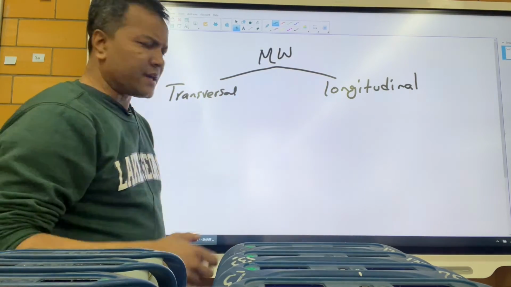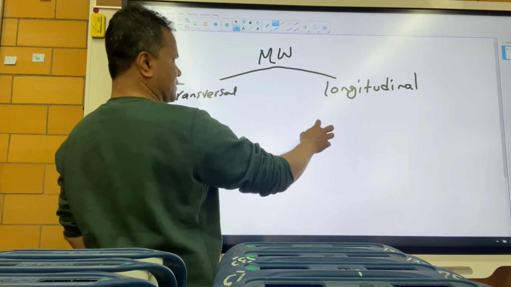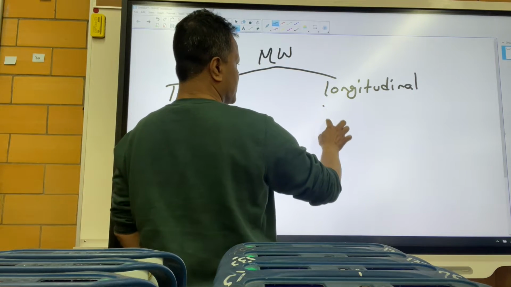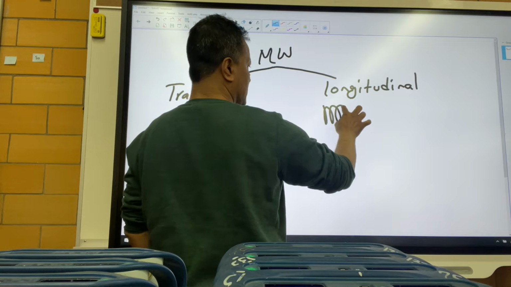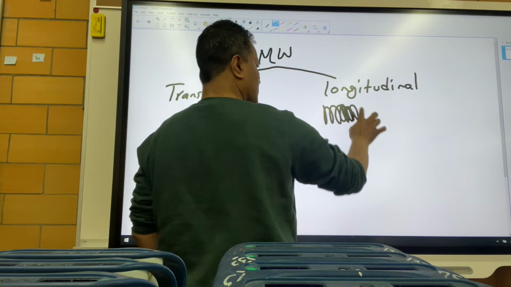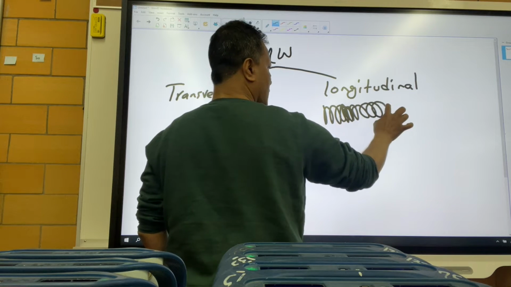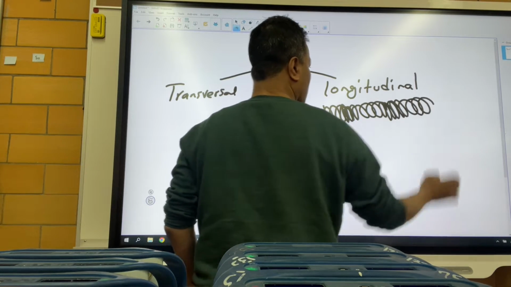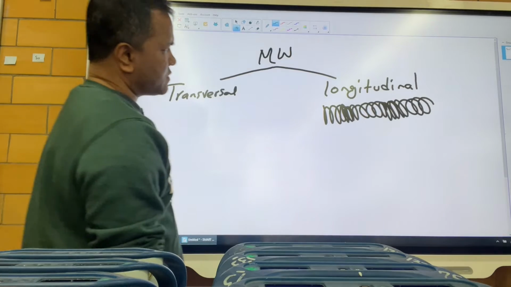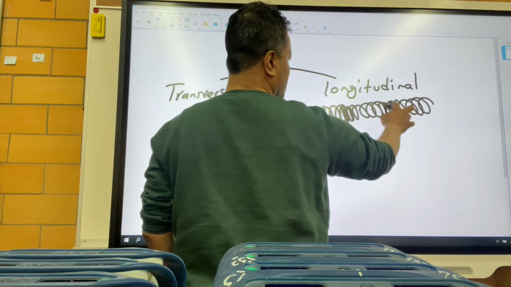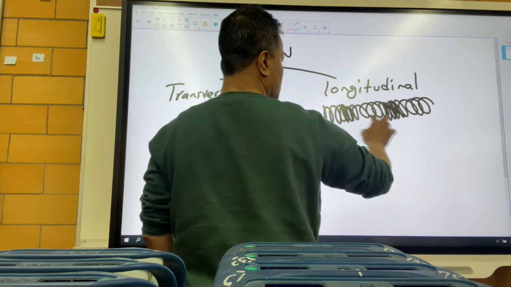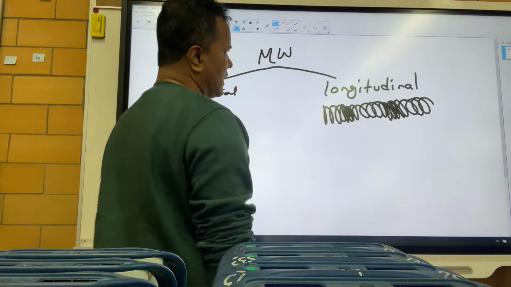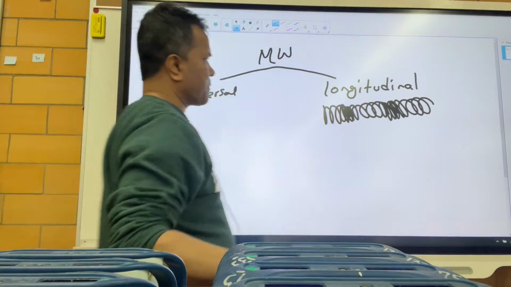So let's take a slinky and draw the longitudinal wave. This is a slinky.